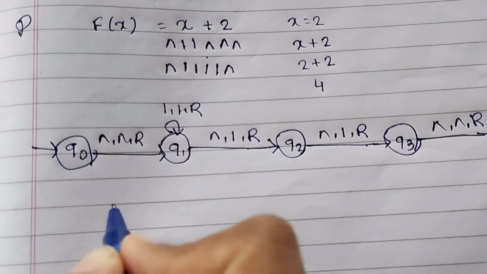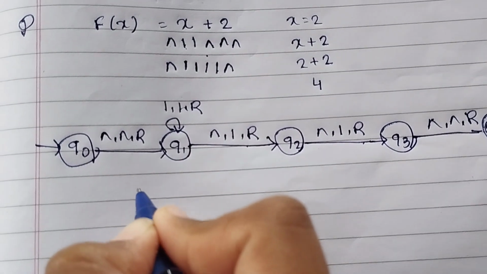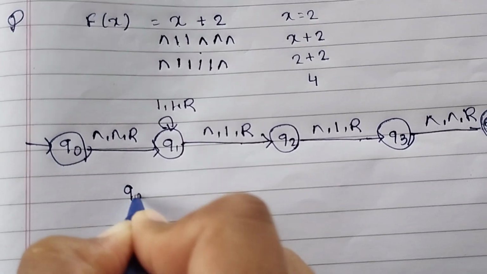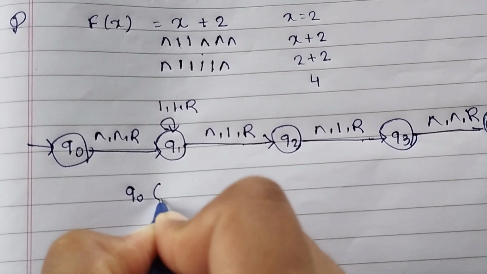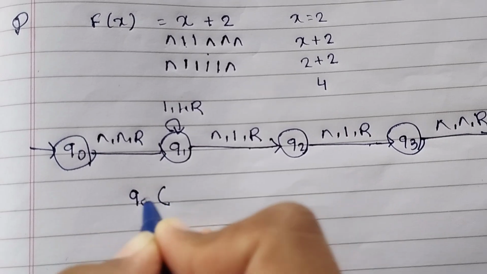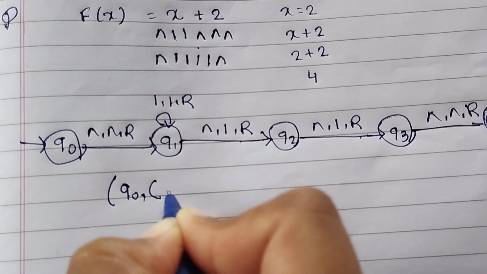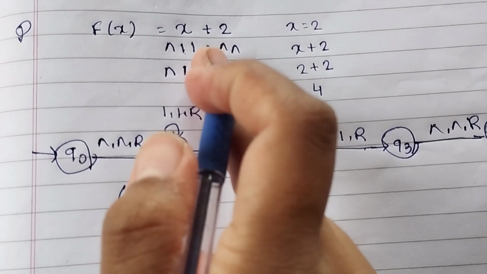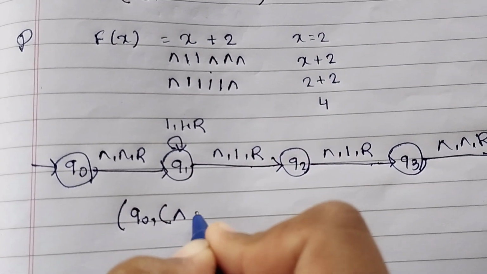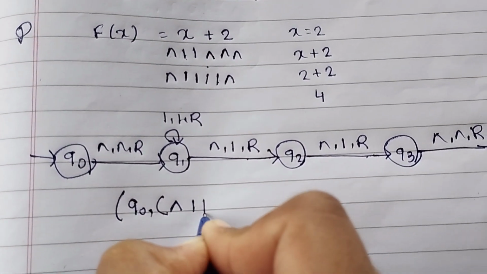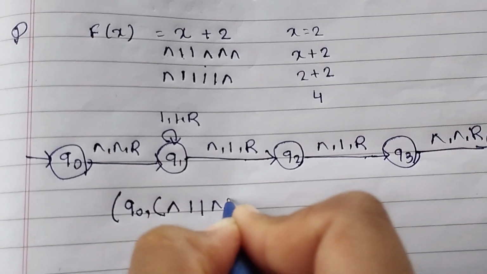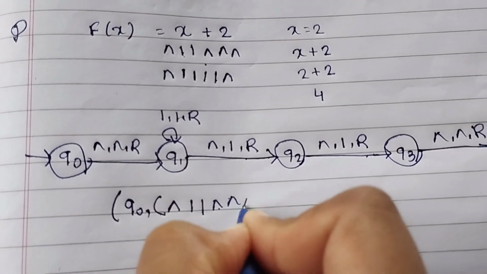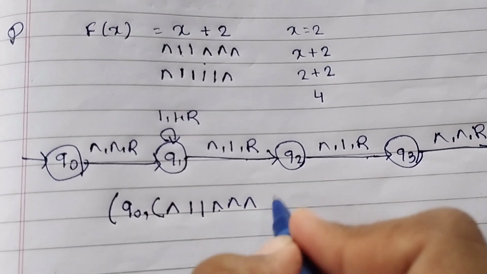Let's take an example. In the initial Q0 state, we take the example null and the same input, where we consider x equal to 2. So null 1 1 is for the 2, and the remaining symbols are for the plus and the other 2.